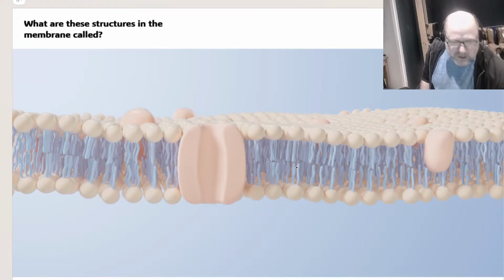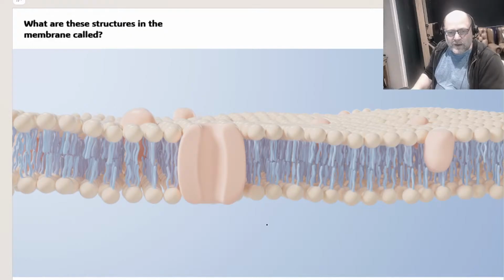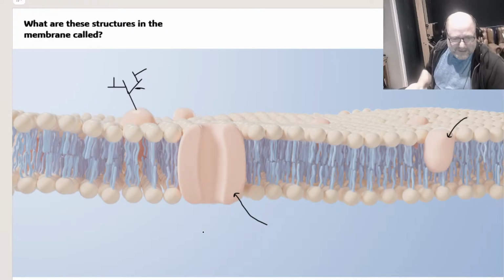So how do we have some structures inside the cell, guys? What do we call something like this? What are these things doing in the membrane? Anyone got an idea? If I had the art skills, I would draw little hexagons here, but I don't. Yeah, we've got a channel protein.